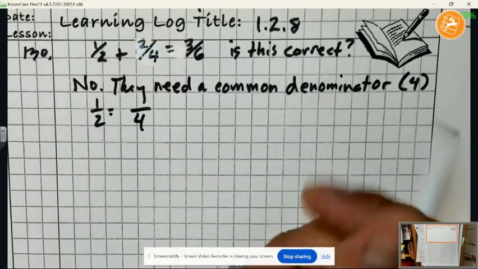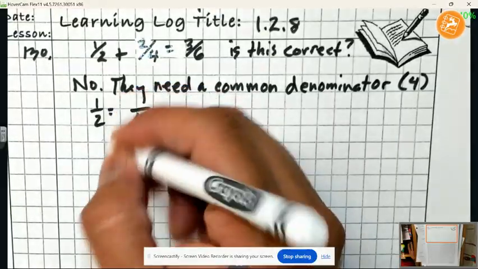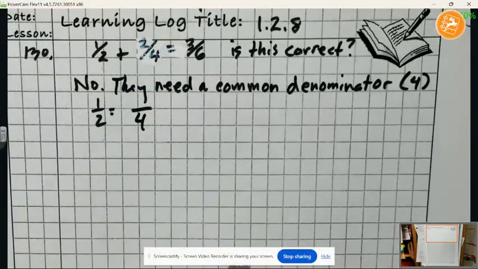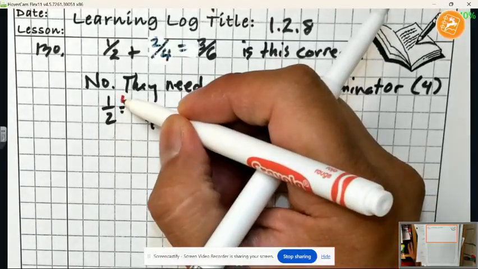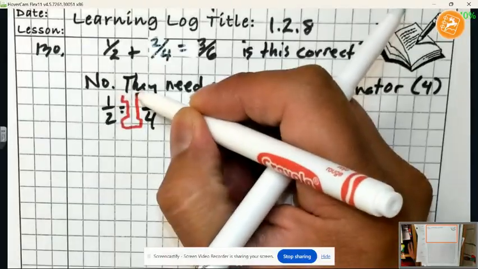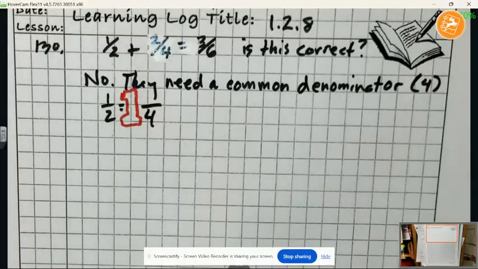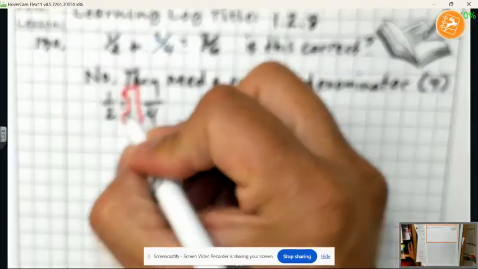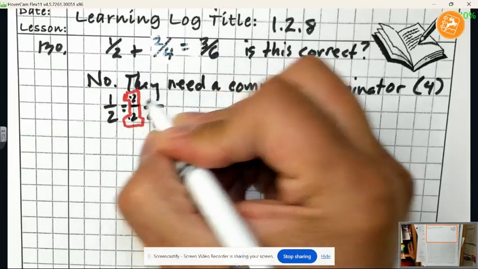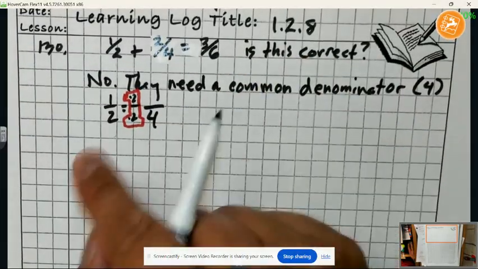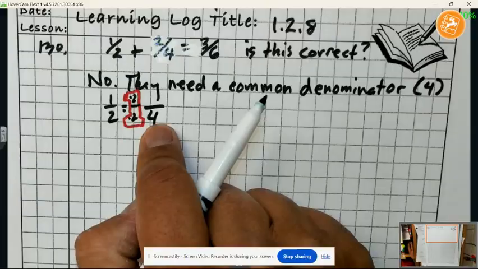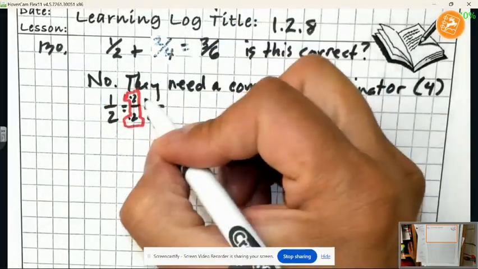If we're going to change those to fourths, that means we'll need a giant 1. And in that giant 1, we are going to be multiplying by 2 over 2. And so this makes this equivalent fraction 2/4.